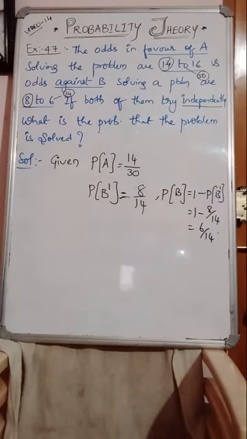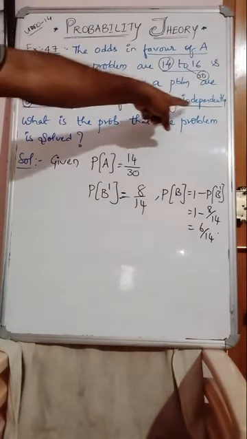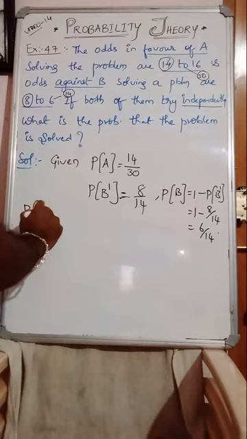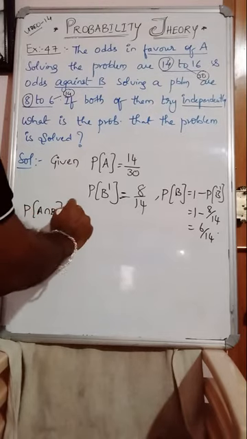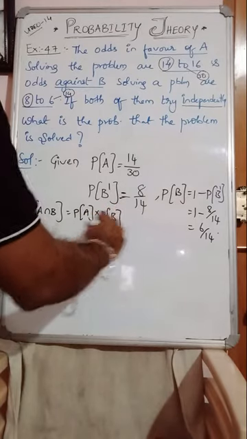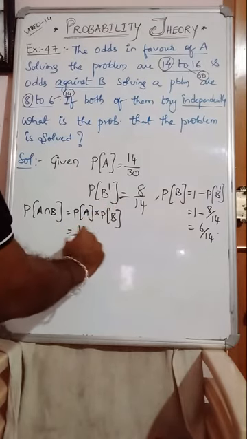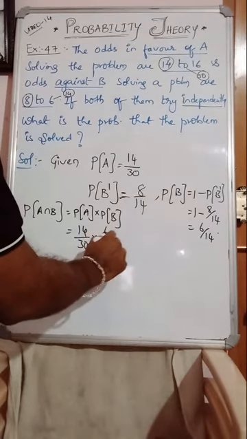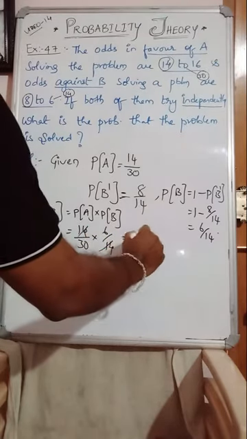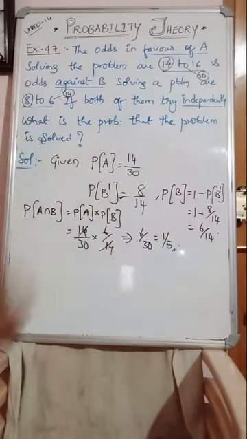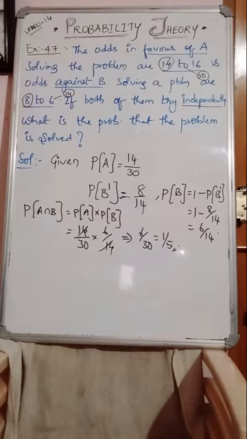Are you clear, guys? Now, both of them try independently. Independently means A and B are independent. Therefore, product of those two, P of A intersection B, equals 14 by 30 into P of B, which is 6 by 14. That equals 6 by 30, 1 by 5. P of A intersection B is 1 by 5.